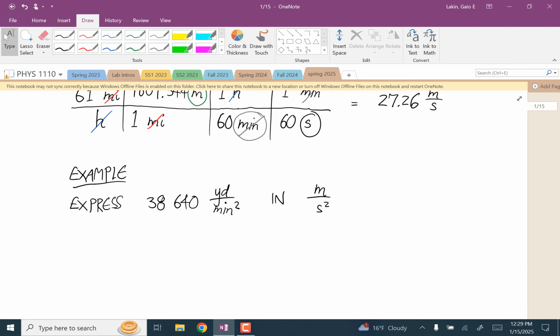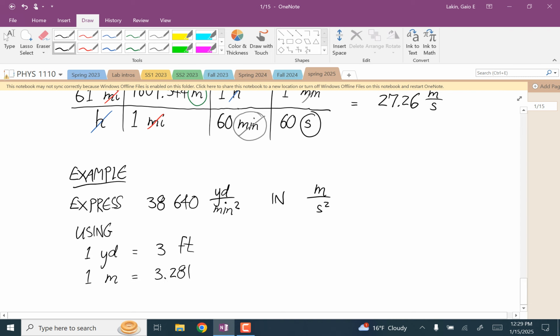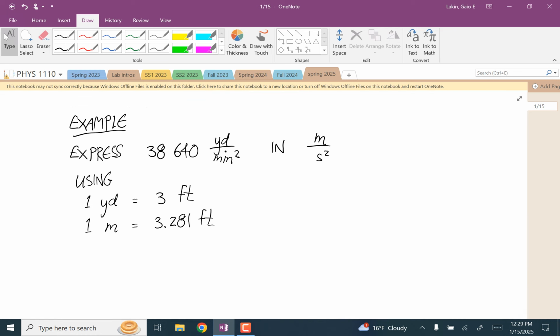And we want to do it using that 1 yard is equal to 3 feet, 1 meter is 3.281 feet, and 1 minute is 60 seconds.